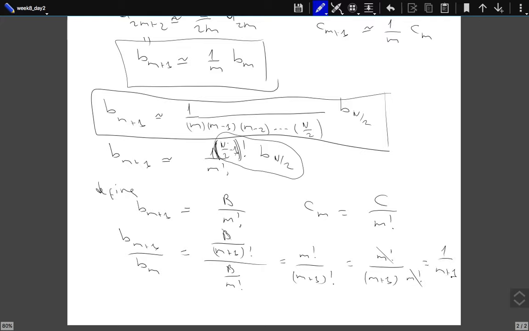This is 1 over m plus 1. Well, I made a mistake. Oh, hold on. Here I made a mistake. b_{m+1} is b over m factorial, so b_m is b over m minus 1 factorial. Now let me just redo it.